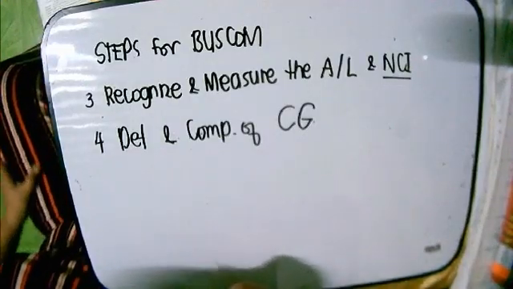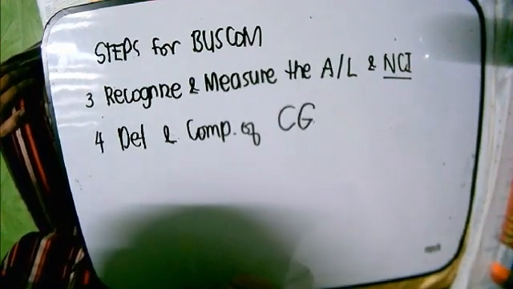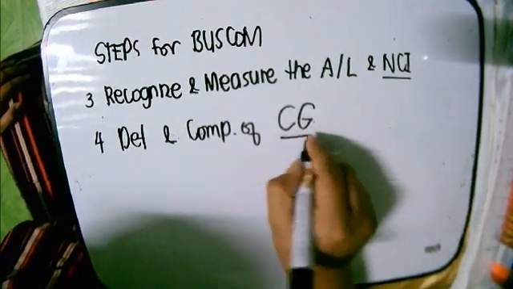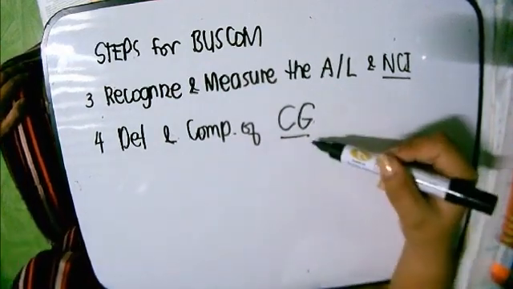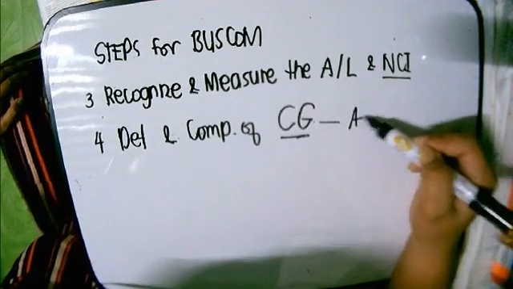So step number 4 is the determination and computation of the consideration given. So kapag sinabing consideration given, ito yung binayad ni acquirer.